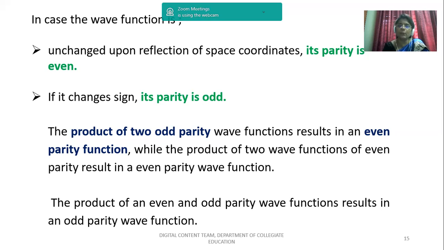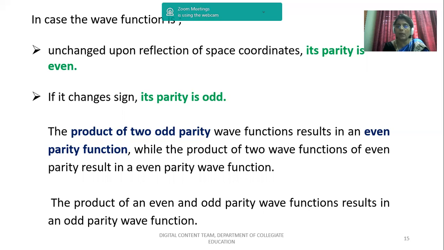So when you consider the product of two wave functions associated with different parities, we have to analyze what the resultant parity will be. The product of two odd parity wave functions results in an even parity function.